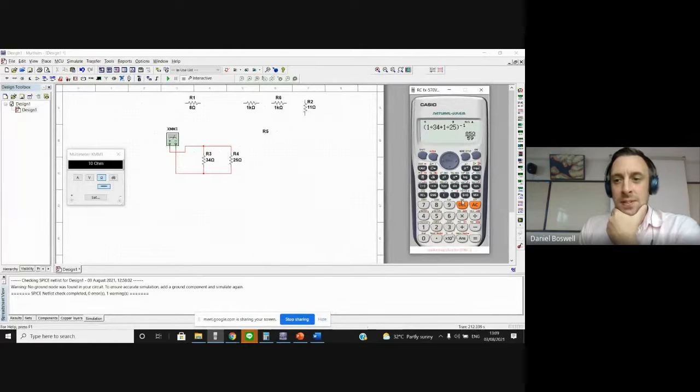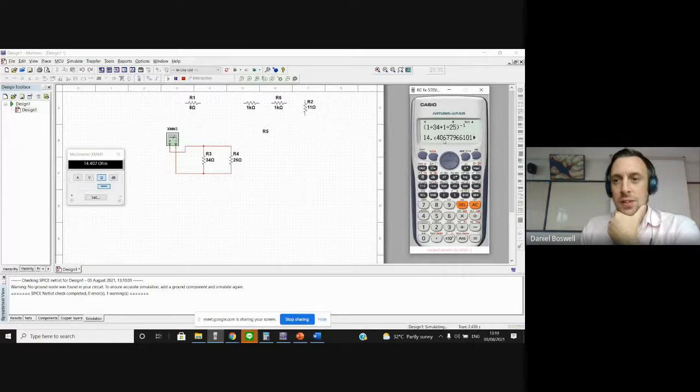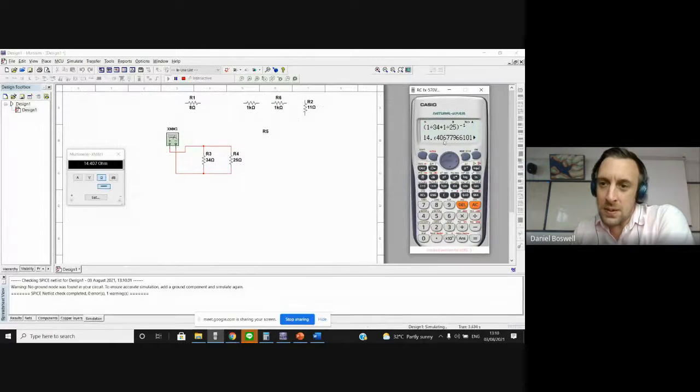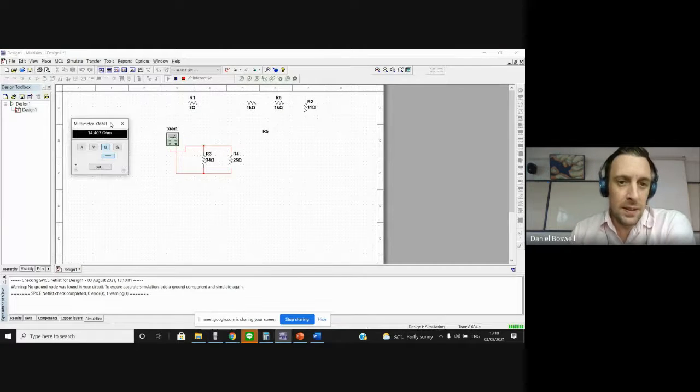Let's find out: 14.406. Let's see if this is right. 14.407, which is good because it's rounded up. So we've gone up a number here to 14.407, which is fine. Okay, let's change the numbers.